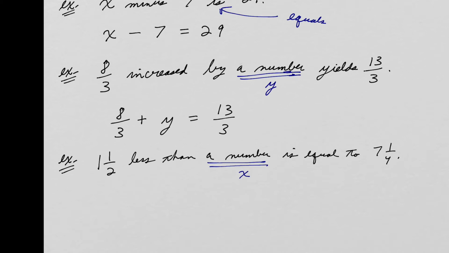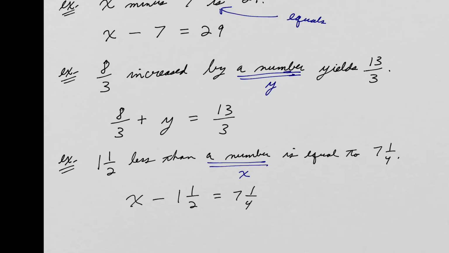People typically use x, but you can really use whatever letter you want to represent that unknown number. So remember when we have 1.5 less than a number, we have to write that as x minus 1.5. Something less than something else means the second thing minus the first thing. Is equal to obviously means equals, and then this would be 7.25.